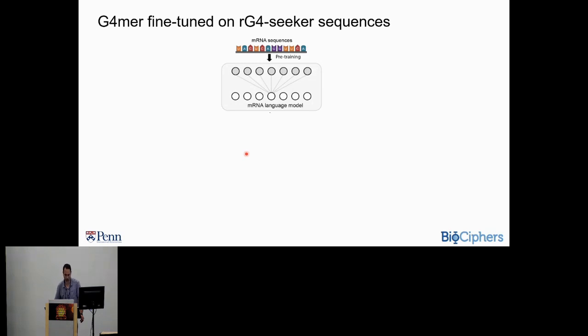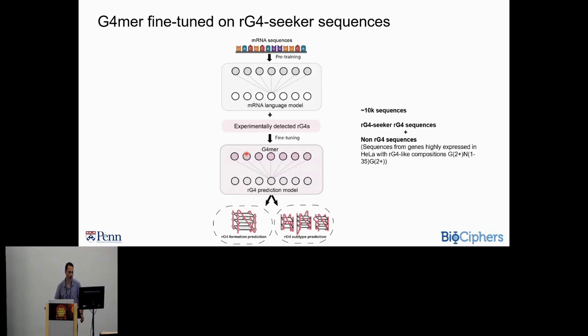This is a BERT model with some extensions. I'm not going to go into the details, but once you do this, you can then fine-tune it on about 10,000 sequences, positive and negative, and then you can predict both the formation of RG4s and the subtypes that I mentioned before, canonical and non-canonicals.